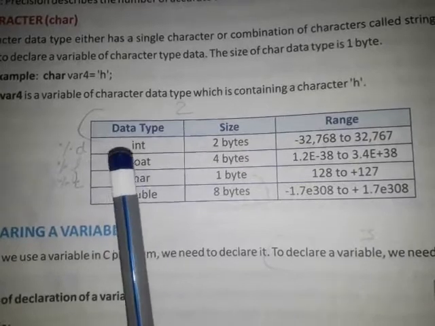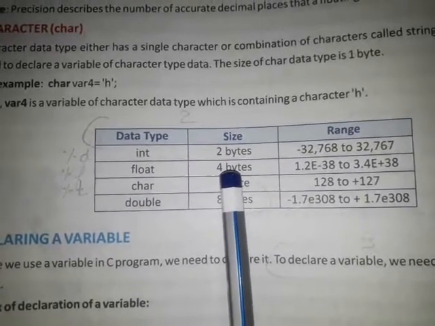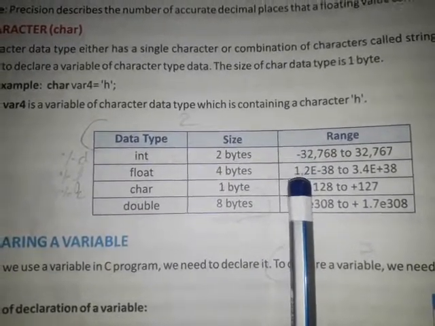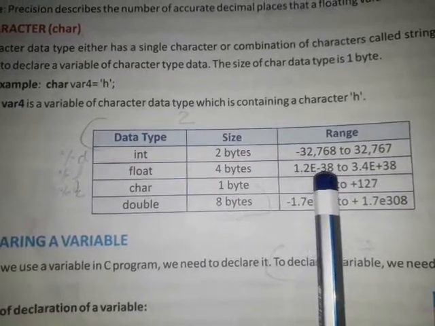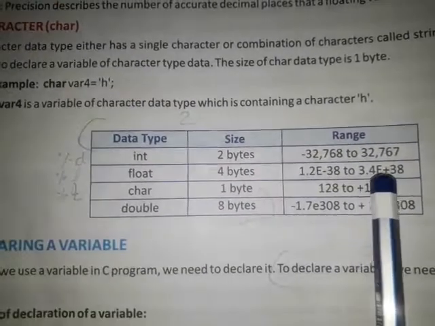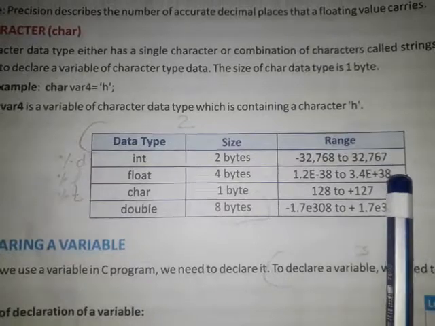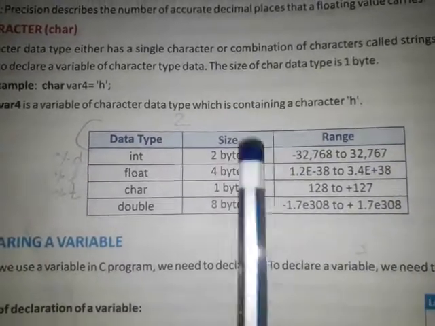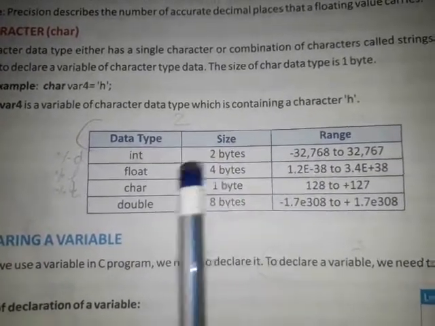Now float has the capability to store 4 bytes. Its range is 1.2 times 10 raised to the power minus 38 to 3.4 times 10 raised to the power 38. These are the range of values.